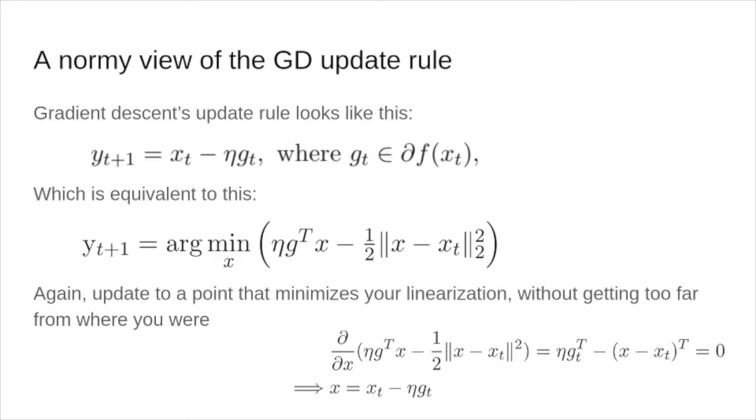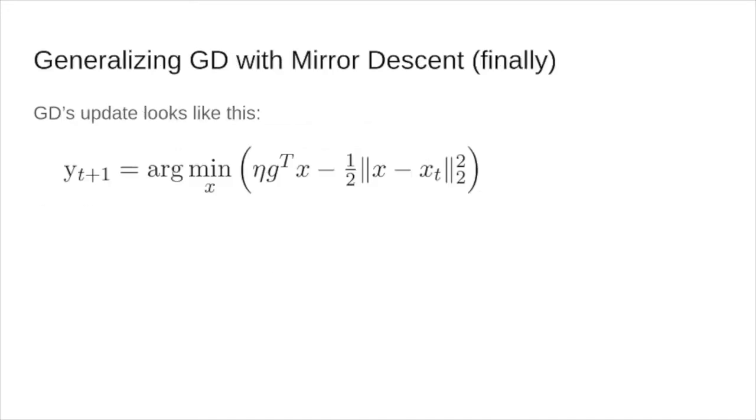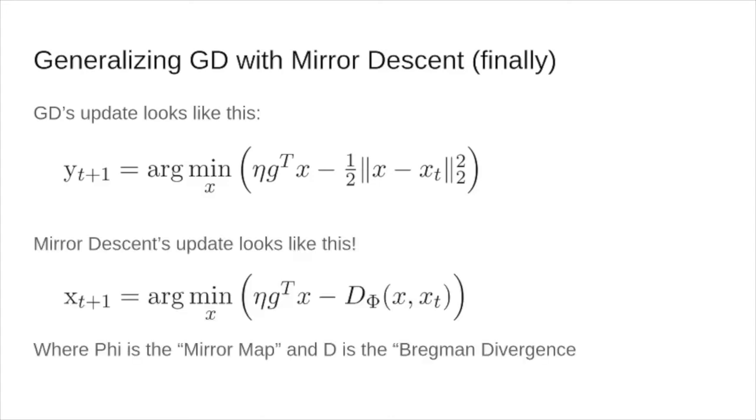And this is something that might make it more clear how we can generalize to non-Euclidean norms. So that's what mirror descent pretty much does. You start with the gradient descent update rule, where you're choosing your next point based on following your gradient but not getting too far from where you are. And mirror descent replaces the concept of too far, going from the L2 norm to using something else, which we call the Bregman divergence of a function phi, where phi is something we call the mirror map.